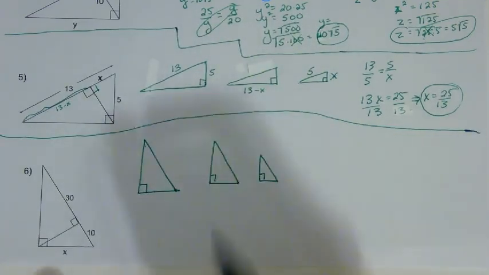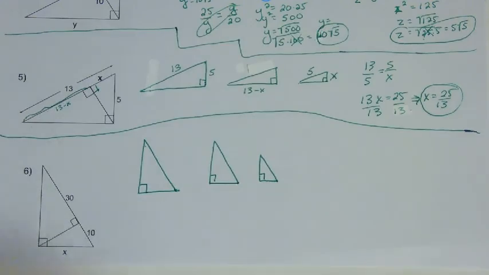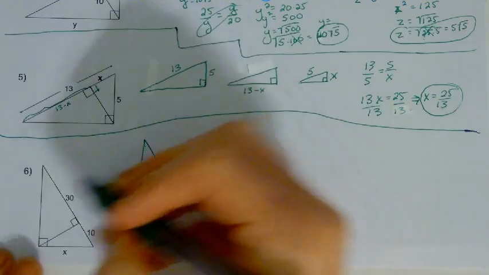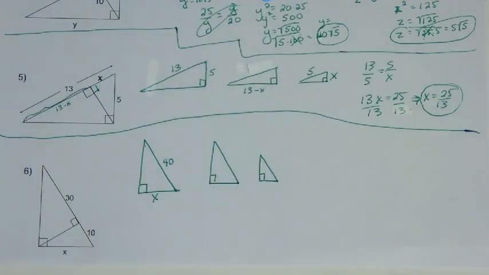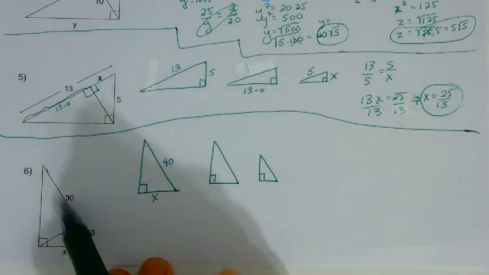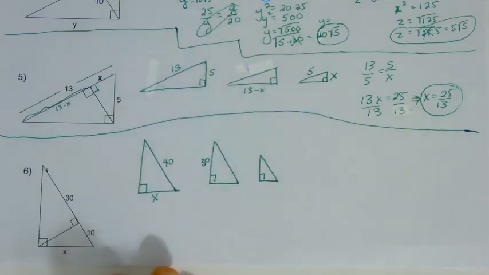Okay, so we have x down here. If we look at this whole triangle, we have x at the bottom, and then we have 30 plus 10 is 40. In the medium triangle, we just have the long leg, which is 30. This is the longer leg. This is the shorter leg. So we don't have a measurement for that shorter leg.